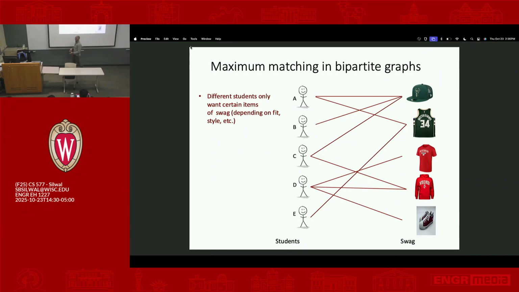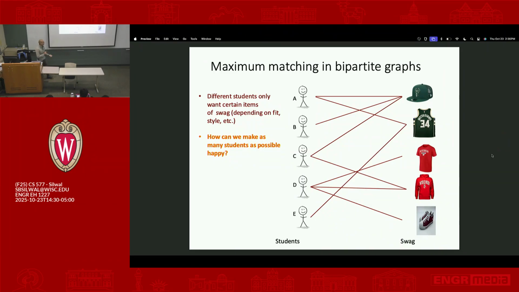Students have preferences. This person would be happy with either the hat or the jersey. And this person would be happy with the shoes, the hoodie, or the t-shirt. And there's only one of every item. The goal is to match the students with the items.